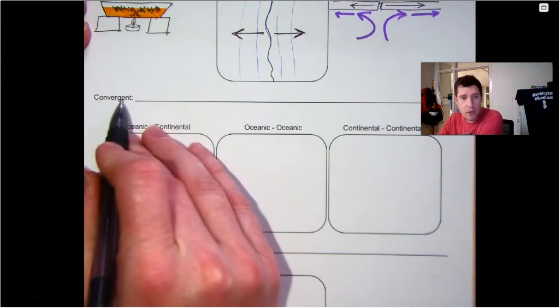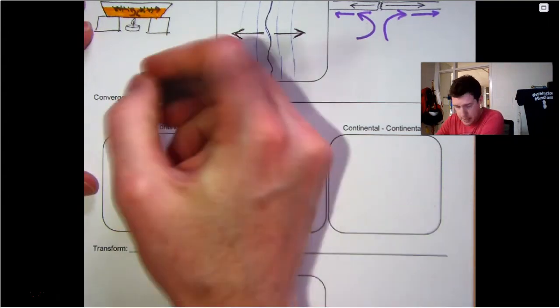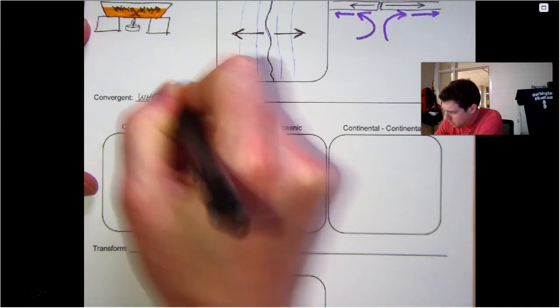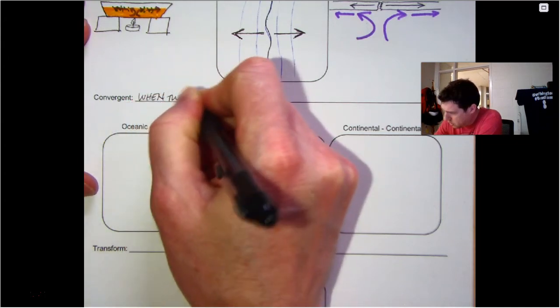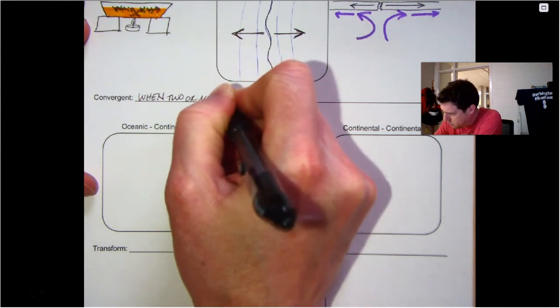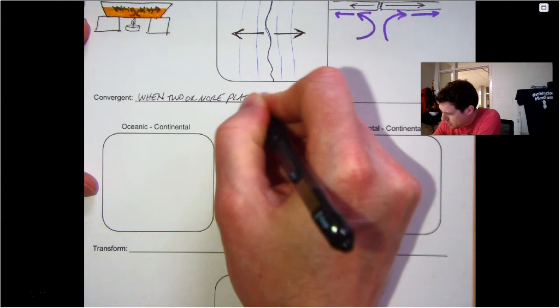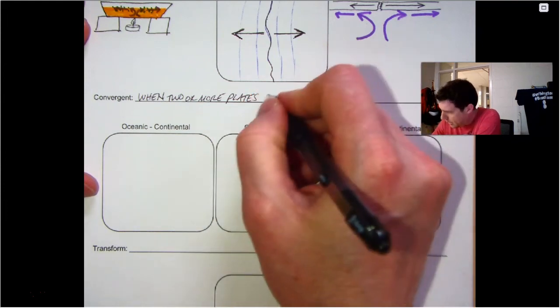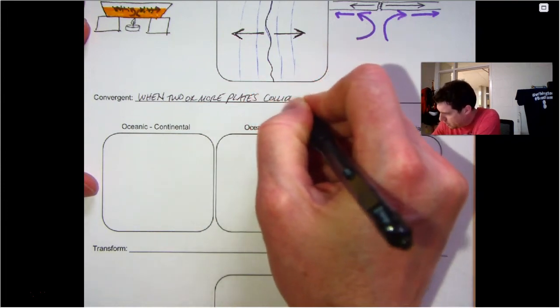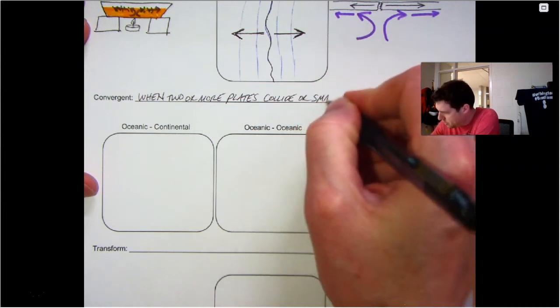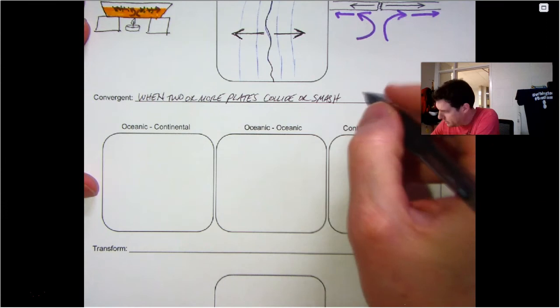Well, a convergent boundary is when two or more plates collide or smash against each other.